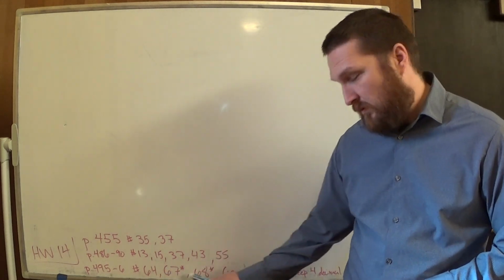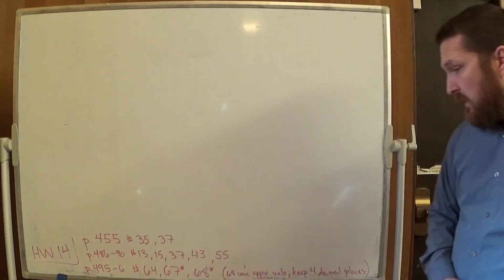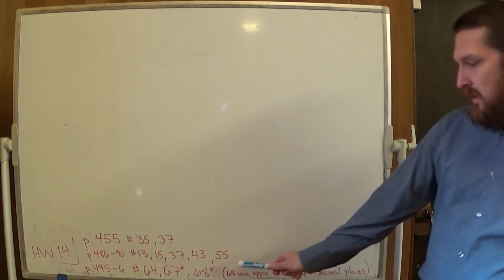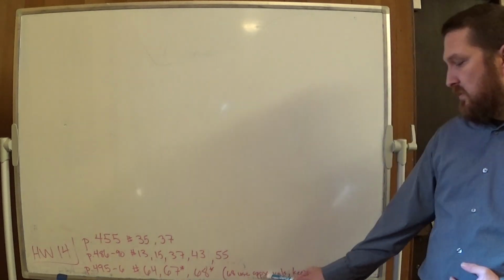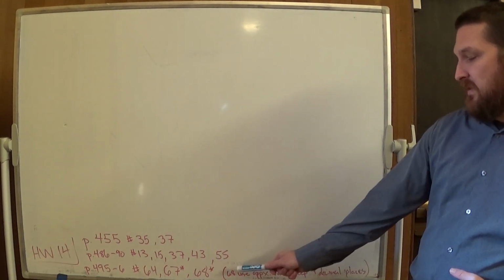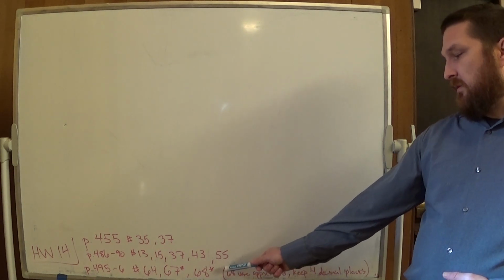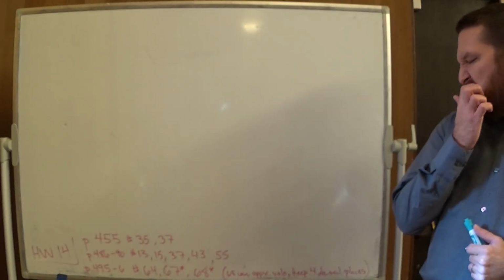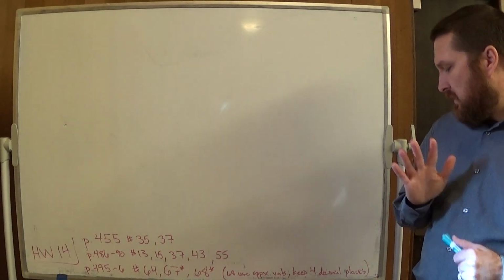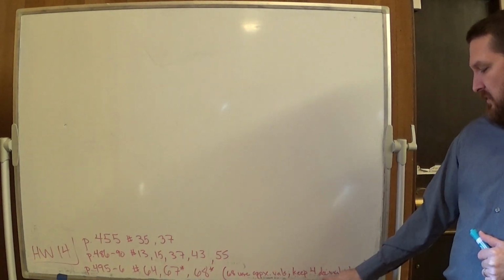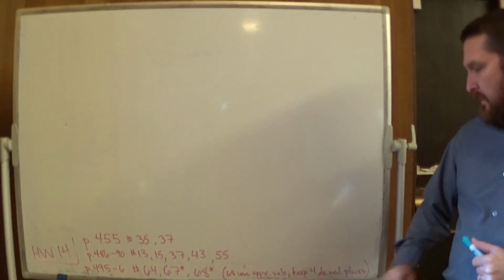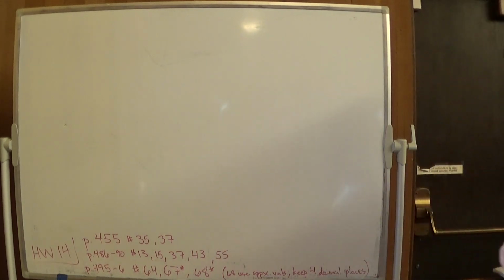Now, on 68, it will be much to your benefit to use an approximate value. I believe it's decimals, so make sure you can do that. Okay? Keep your answer to 4 decimal places. And all the other stuff is going to come up as we talk. Okay, so here we go.